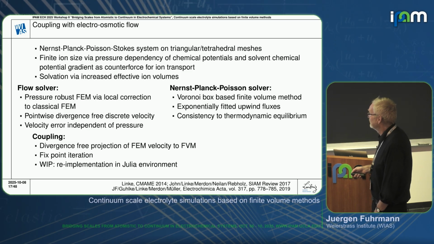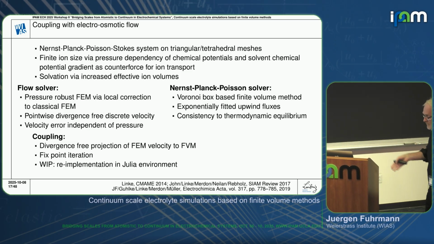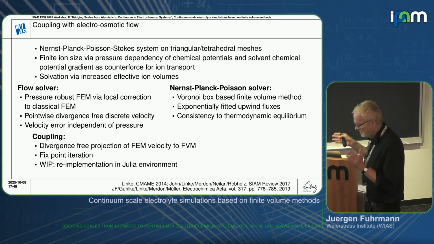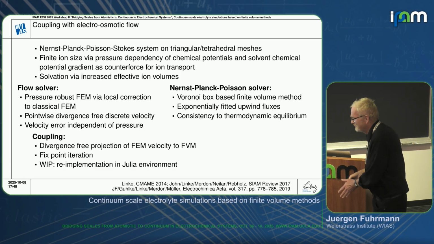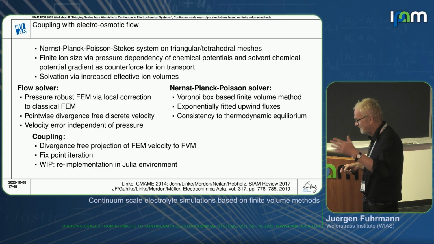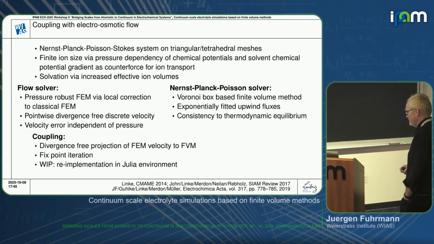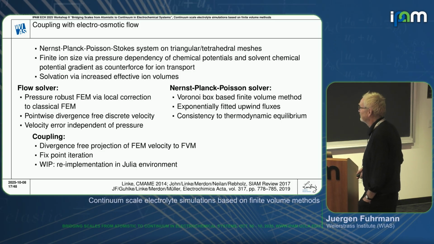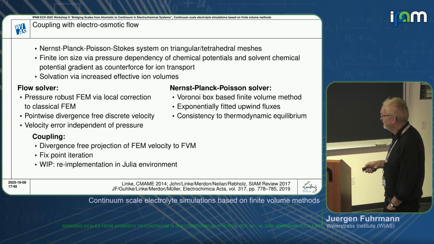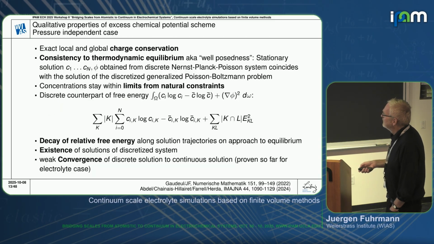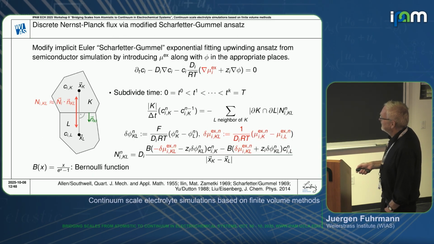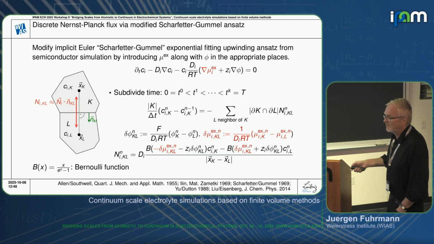This can be coupled in a consistent way to the finite volume method, so that we get a finite volume equivalent of the divergence condition, which guarantees maximum principles and stability of the solution of the transported species. Basically, the trick is that we generalize this discretization ansatz by introducing the projections of the velocity onto the discretization edges into the arguments of the Bernoulli function.